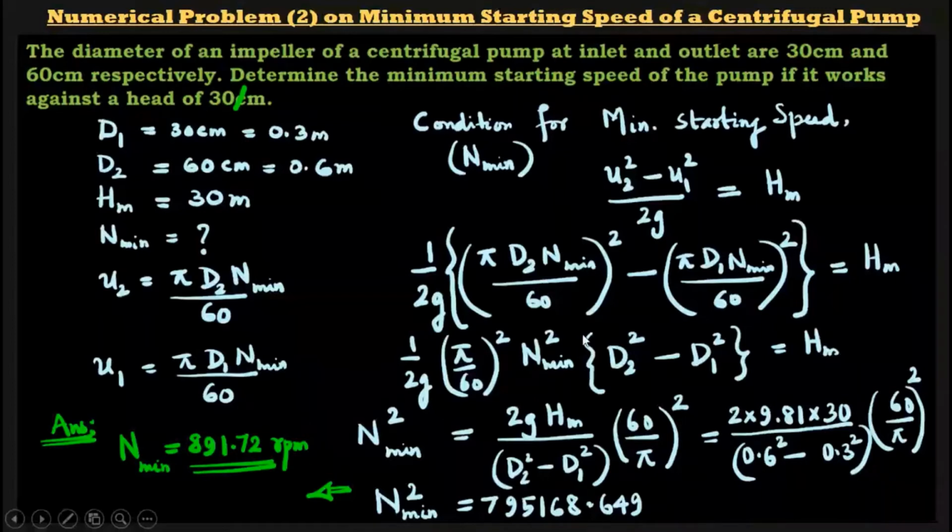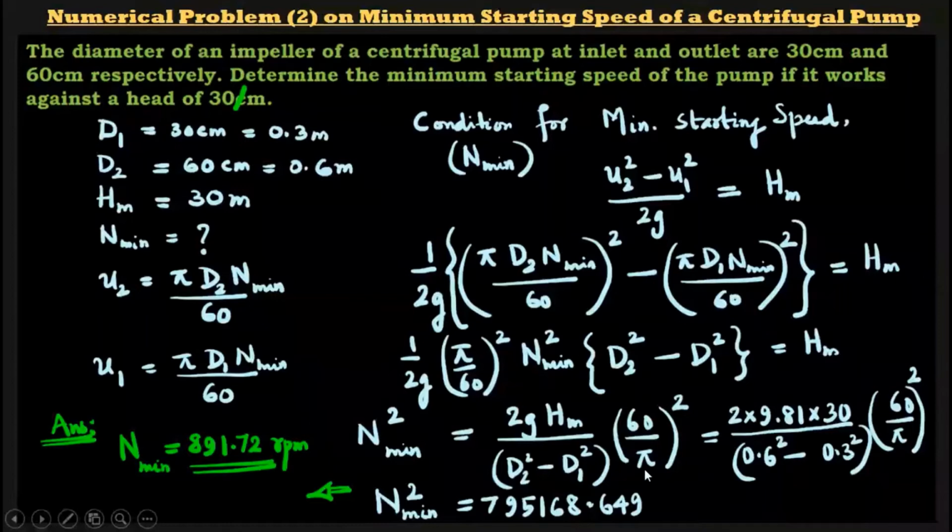What remains inside the bracket is D2 square minus D1 square, and that is equal to HM. You take all the terms apart from n minimum square to the right hand side. Then you will get n minimum squared equal to 2g HM by D2 square minus D1 square into 60 by pi whole square.